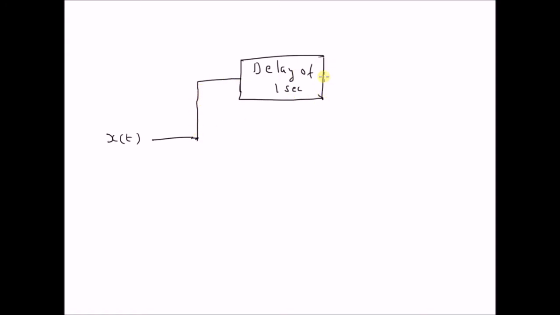Given the input x of t, then we have a block that has a delay of 1 second. So the input is connected to this system. Then we have a multiplier.